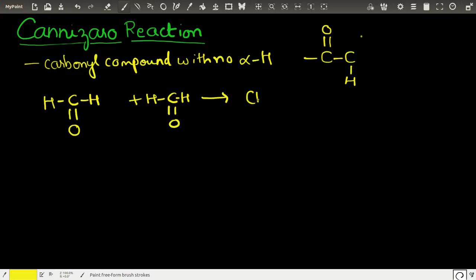One of them will be reduced, forming an alcohol, and the second one would be oxidized, forming the higher oxidation state, a compound with more oxygen, which is the carboxylate ion. Okay, so let's understand the mechanism of the reaction.